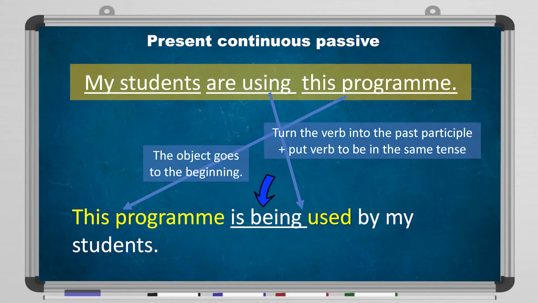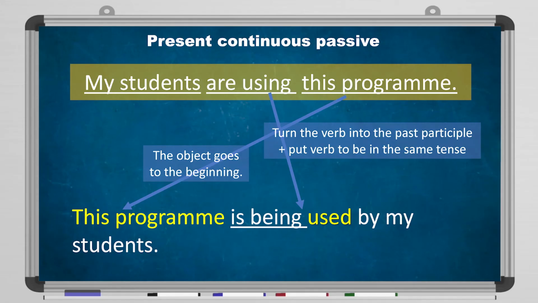Look how I used the word being. Why do you think I used it? If your sentence has a verb to be already and it is followed by a verb, you have to think of the three. Is it be, been, or being? How do I choose between those three?